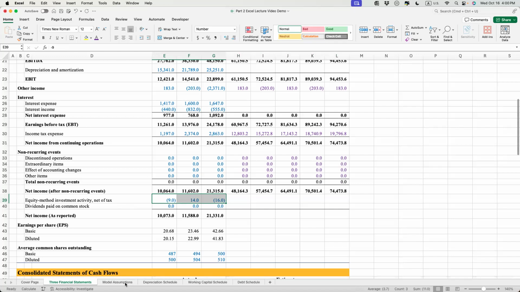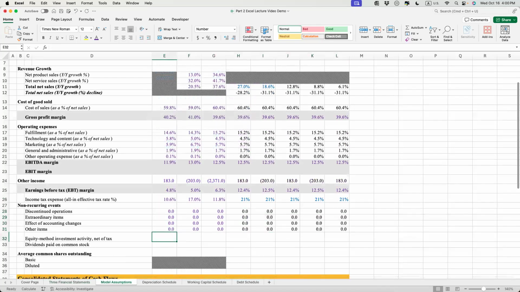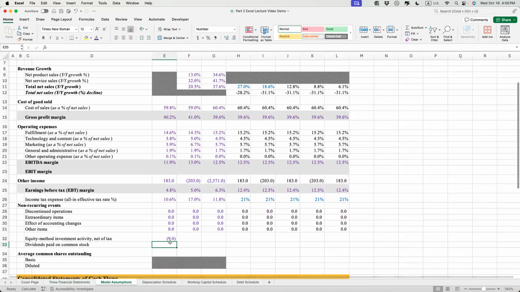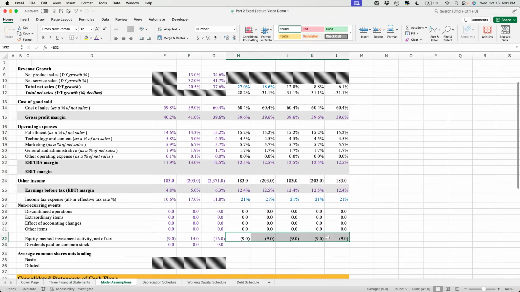So we're just going to follow that cycle method we did before. For this one, we don't see a significant change. So let's first link that back from the model, also for the dividends. And then we're just going to keep it simple. Let's do a cycle from the previous year. And for the dividends, we're just going to keep it the same because there's no dividend payment at all.